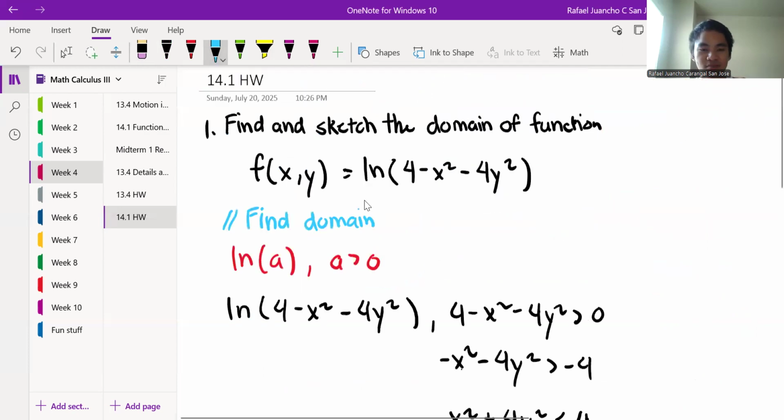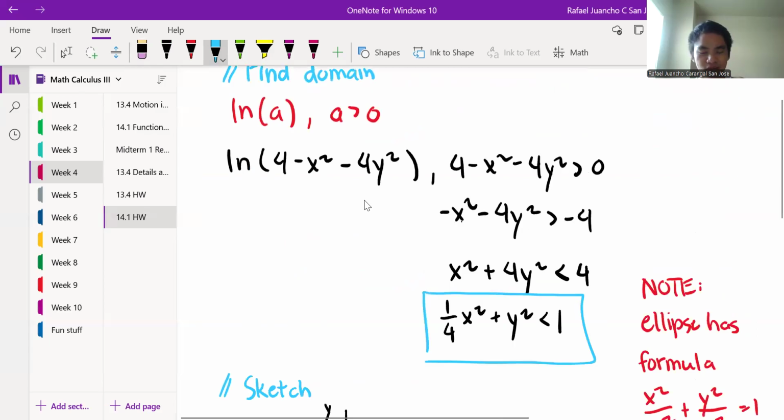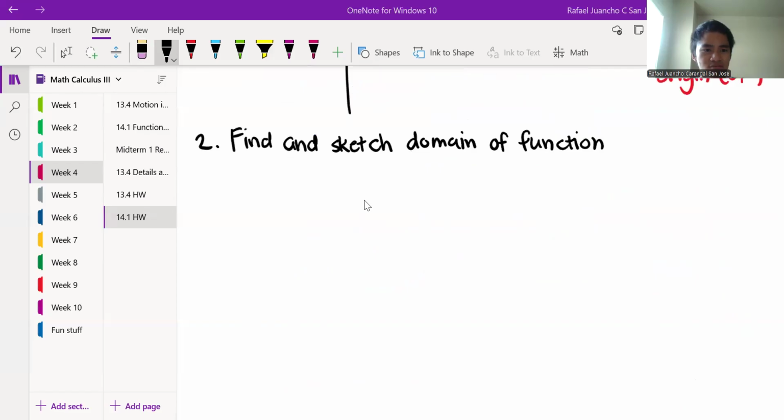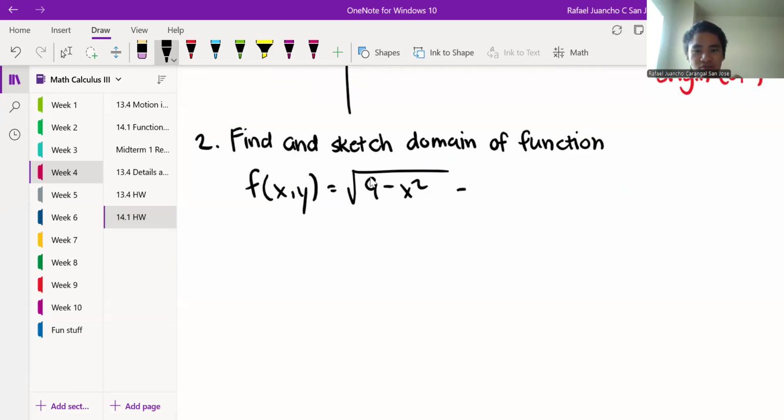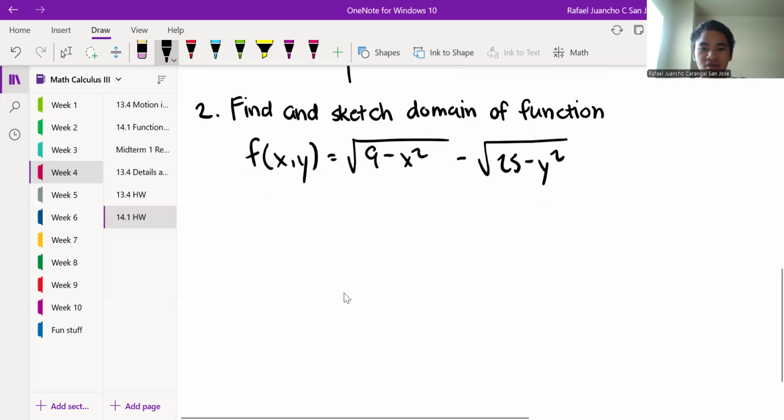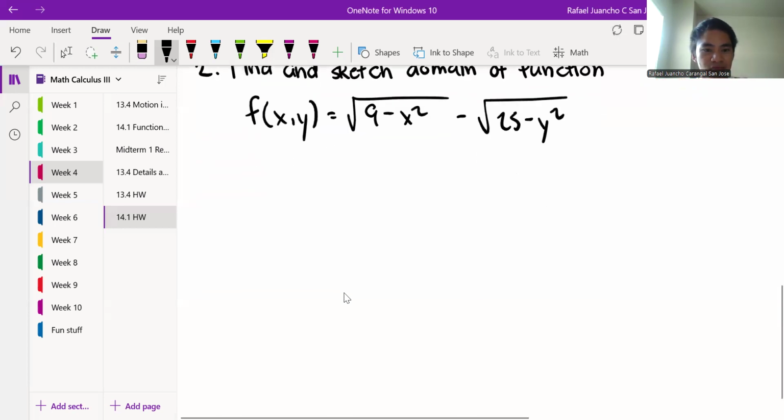So we do the same thing. My function here is as follows: f of x and y. Here we're given square roots. So we have 9 minus x squared, subtracted from 25 minus y squared. And from there, I find my domain, right?